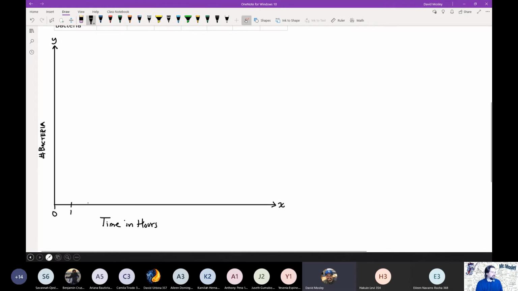Go 1, 2, 3, 4, 5, 6, 7, 8. I'm going to stop there because I don't think I'm going to get past that. And then we need our number of bacteria. I'm going to go by tens here because obviously this number is going to explode. And I want to get to a good level.